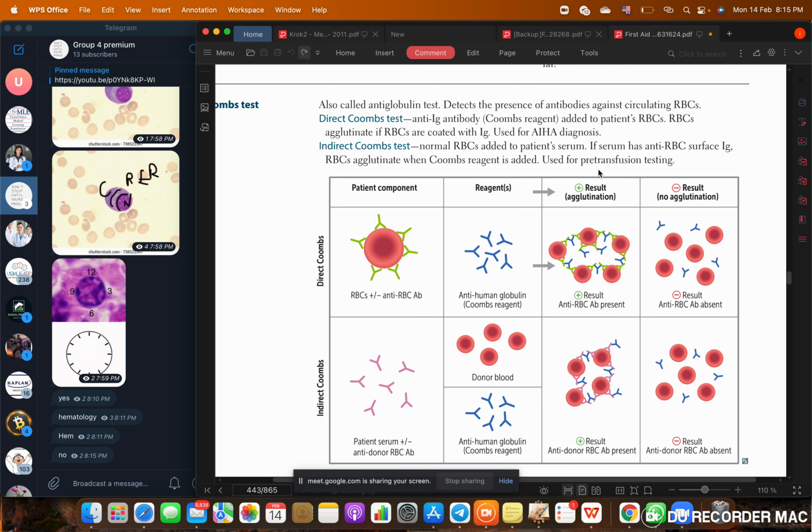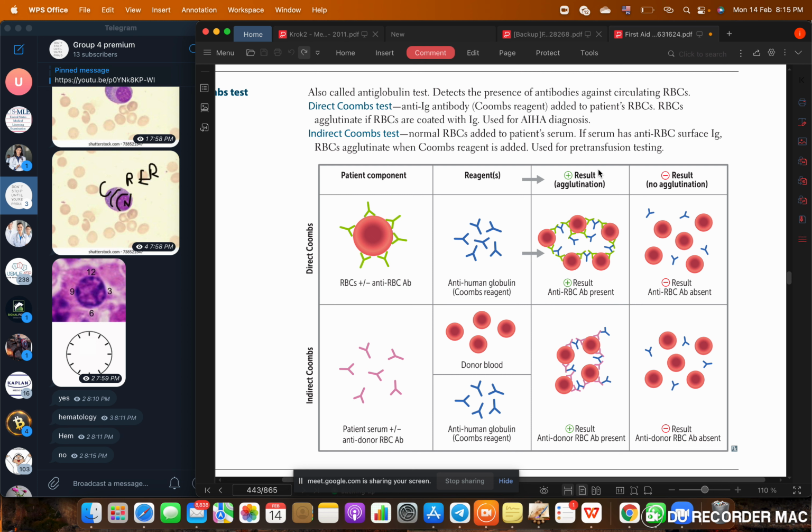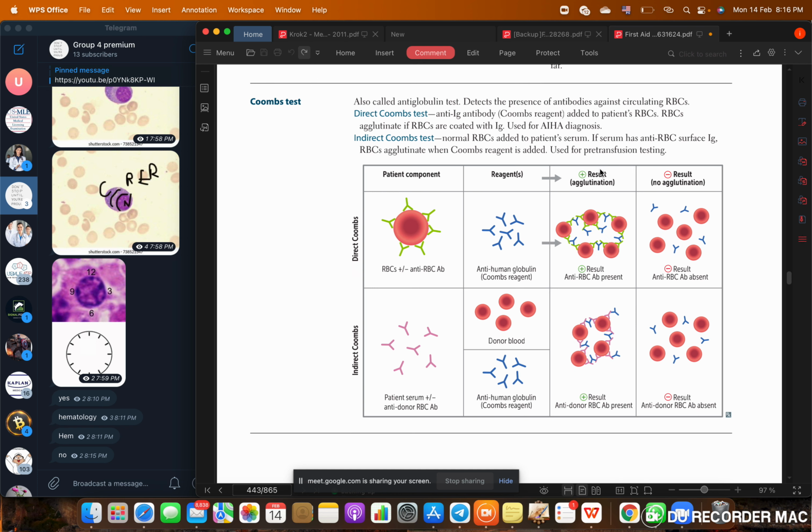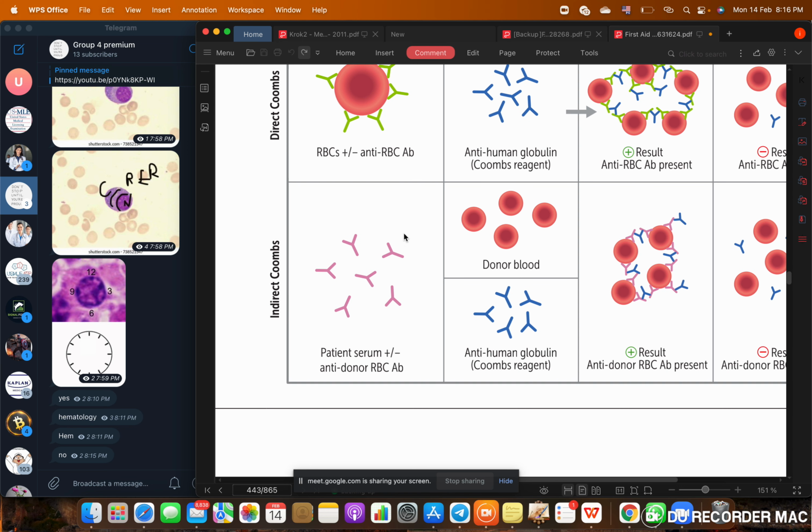In the case of the indirect Coombs test, normal RBCs are added to the patient serum. Okay, you add normal RBCs. Well, that's one step. What else? If the serum has an anti-RBC surface Ig, well, the RBCs will agglutinate when the Coombs reagent is added, used for a pre-transfusion test. Let's try to understand what's up.